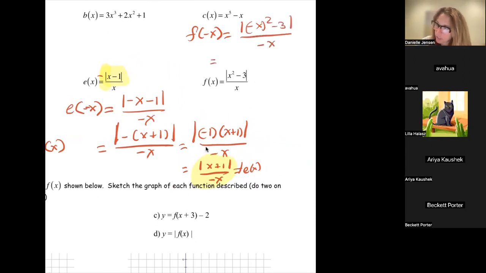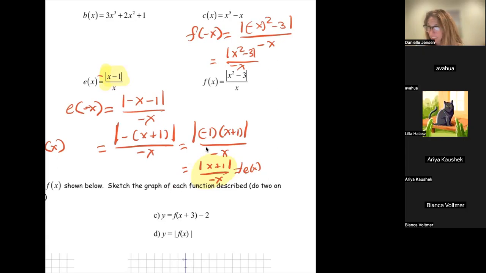So notice, is the numerator changing? When I plugged in -x, did the numerator change at all? No. If the numerator didn't change, I can think, okay, in the numerator, it looks like I have an even function. And then the denominator, did that change?